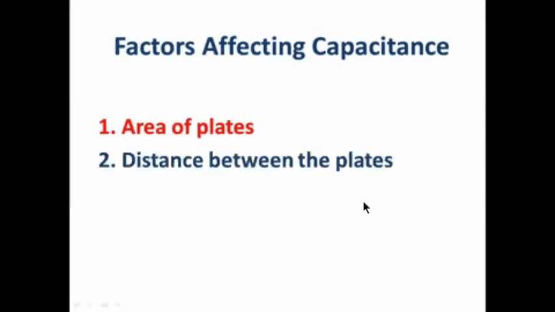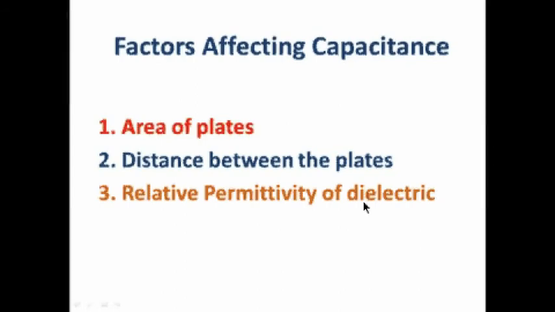There are various factors affecting how good the capacitor is. Its capacitance, its ability to store charge. And there's three factors. The first one is the area of the plates. Second one is the distance between the plates. And the third one is the relative permittivity of the dielectric.